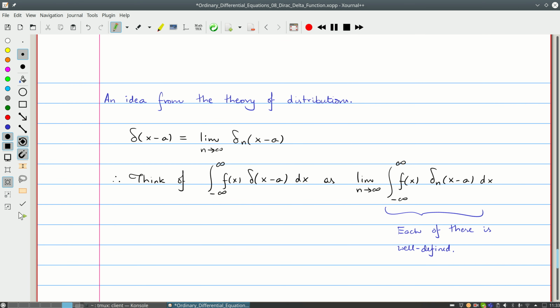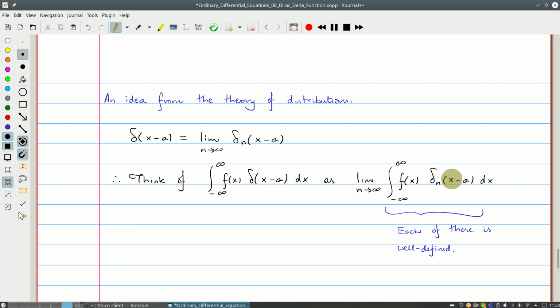I put a note down here saying that, if you're uncomfortable with the idea of the Dirac delta, always think of it as this limiting case where you take the limit n tends to infinity of one of these well-behaved functions you've seen above. And in that case, the integral of any function times the Dirac delta is the limit n tends to infinity of the integral of the function times these well-behaved functions.